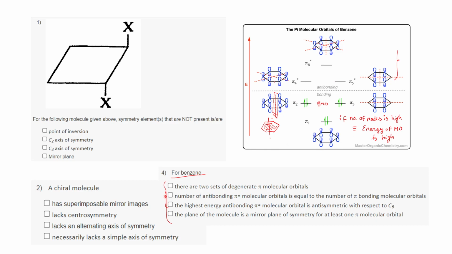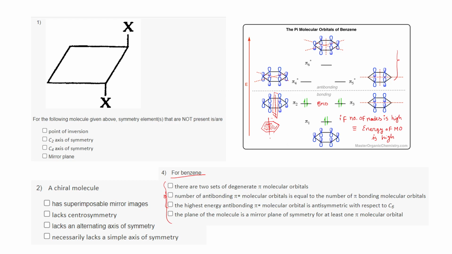And similarly, for pi 4 star and pi 5 star, there are two nodal planes each. So they have two nodes, so they will have higher energy than pi 2 and pi 3, right? Pi 4 and pi 5 will have higher energy, as you said earlier, that antibonding will have higher energies.